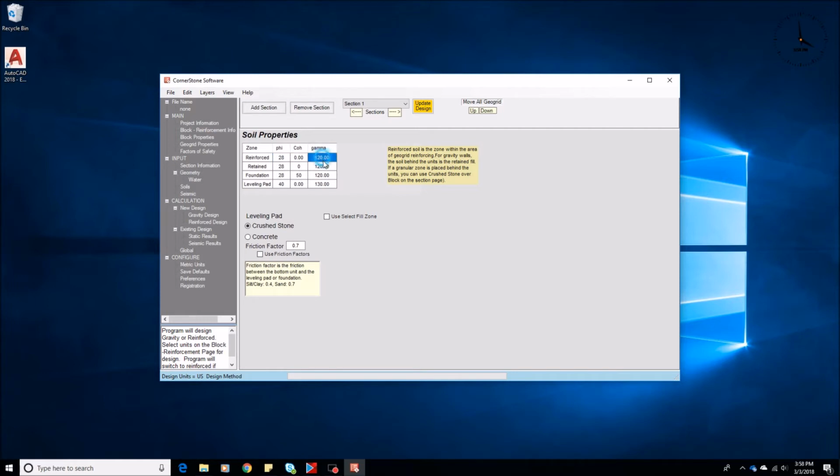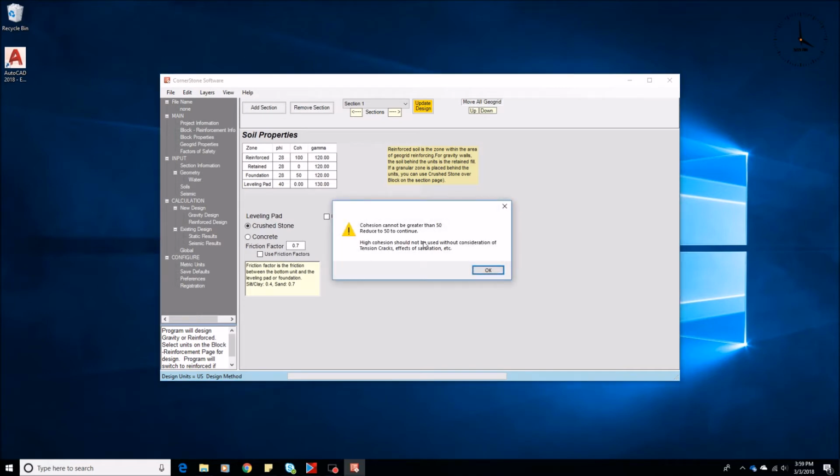What we design with for unit weights is typically 120 pounds per cubic foot. Granular soil, we can get up to 125, 130 pounds per cubic foot if it's well compacted. Cohesion is that plasticity within the soil. We limit plasticity.